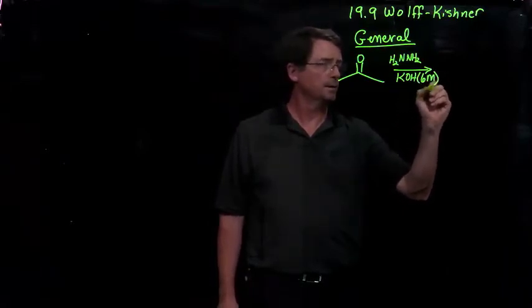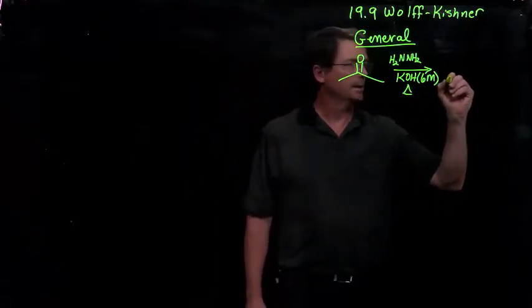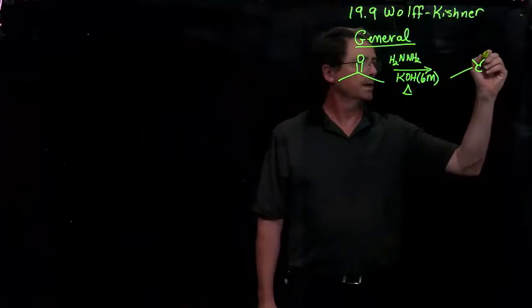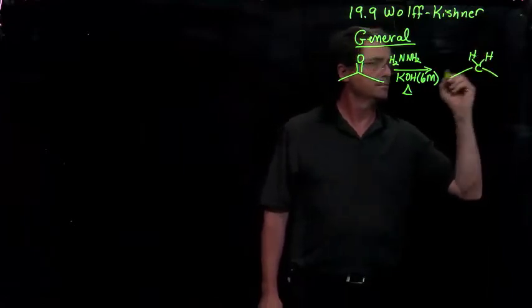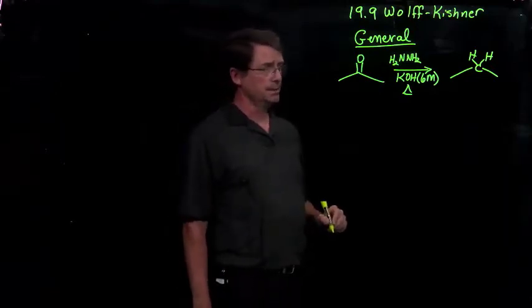This is concentrated, 6 molar, and we heat this up. And again, in simplistic terms, we convert that aldehyde or ketone, mostly it's used for ketones, could be done with aldehydes, to a CH2 group.